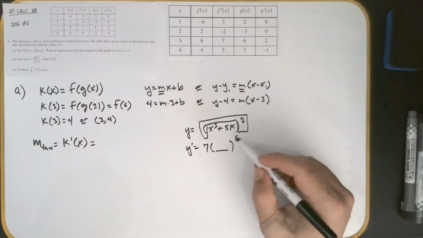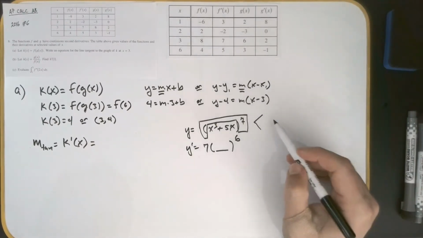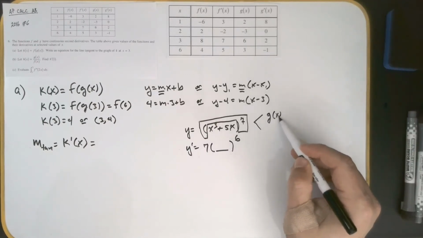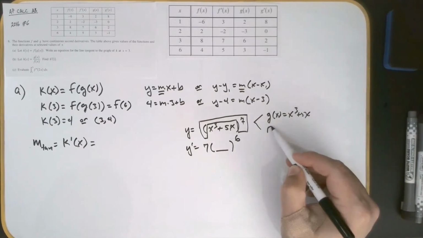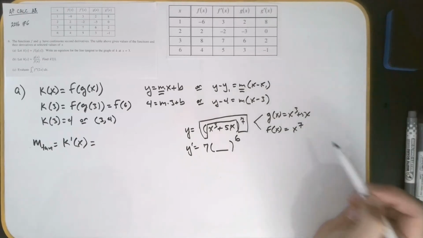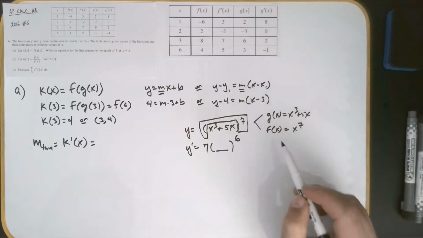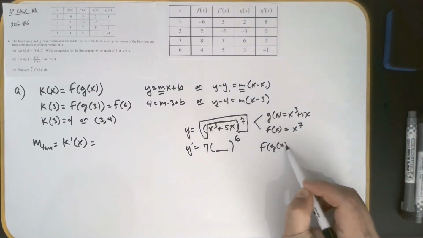And so if you wanted, this function could be divvied up into two functions, and you could say, well, the interior function, g of x, that's just the inside, x cubed plus 5x, and the exterior function is f of x, and that is x to the 7th. You could think of it that way, and another way to say this would be f of g of x.